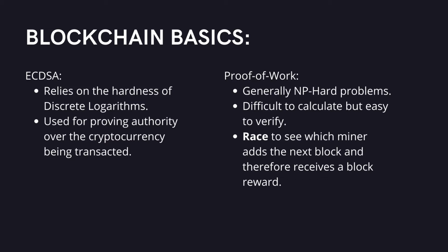A public-private key pair is used to digitally sign each transaction, and it relies on the hardness of discrete logarithms. I'm not going to talk about what they are, but think of it as a difficult one-way problem. Easy to verify, but near impossible to reverse, meaning to solve the private key from the public key. Proof of work is generally an NP-hard problem. Again, difficult to calculate, but easy to verify.